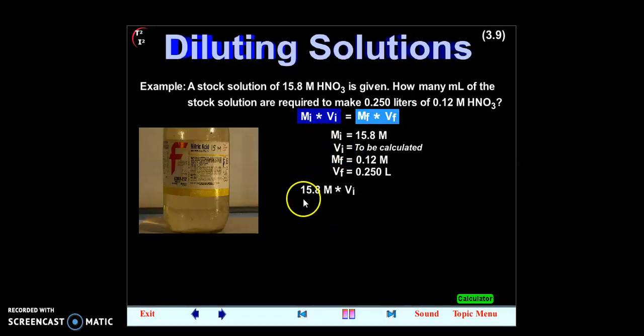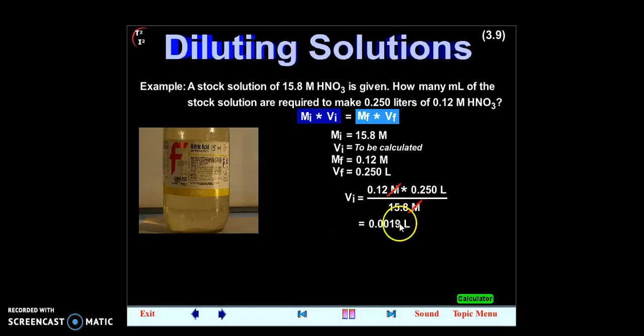So 15.8 times VI equals 0.12 times 0.250 liters. So your VI is going to be 0.12 times 0.250 over 15.8, and that gives you, of course, the molarity cancels molarity, 0.0019 liters of the liquid.